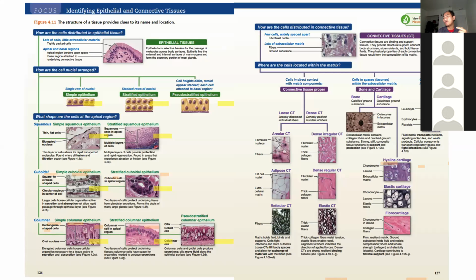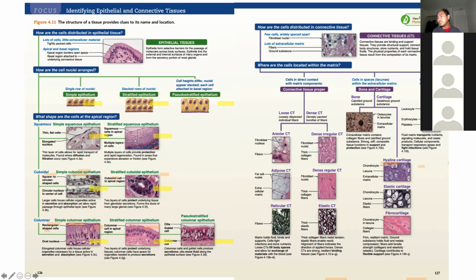And now we are comparing the epithelial tissue page. This is the epithelial tissue because of the cellularity and polarity. And on this side, we have the connective tissue, which we will say blood, bone and cartilage, and connective tissue proper.